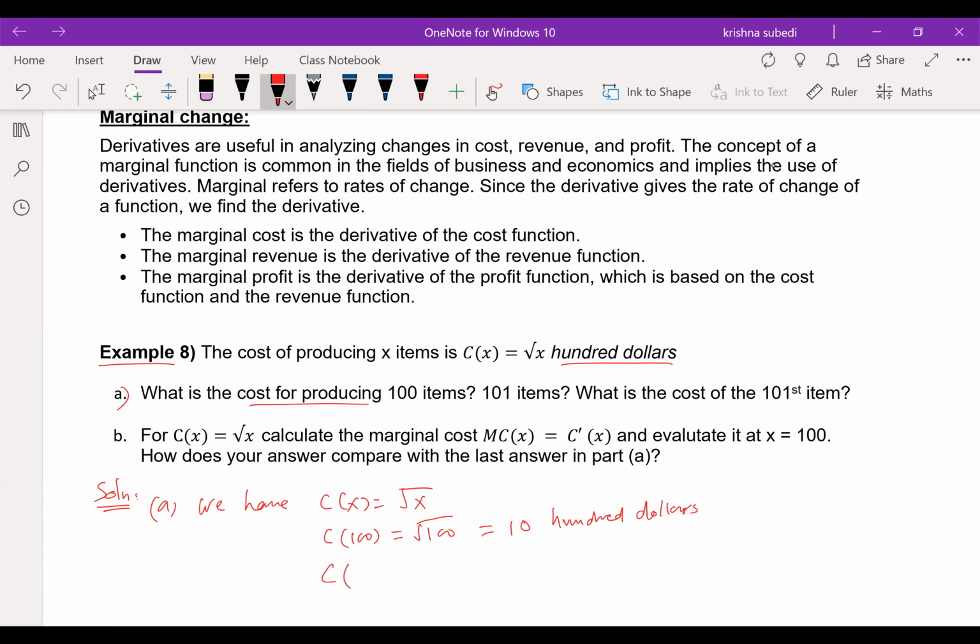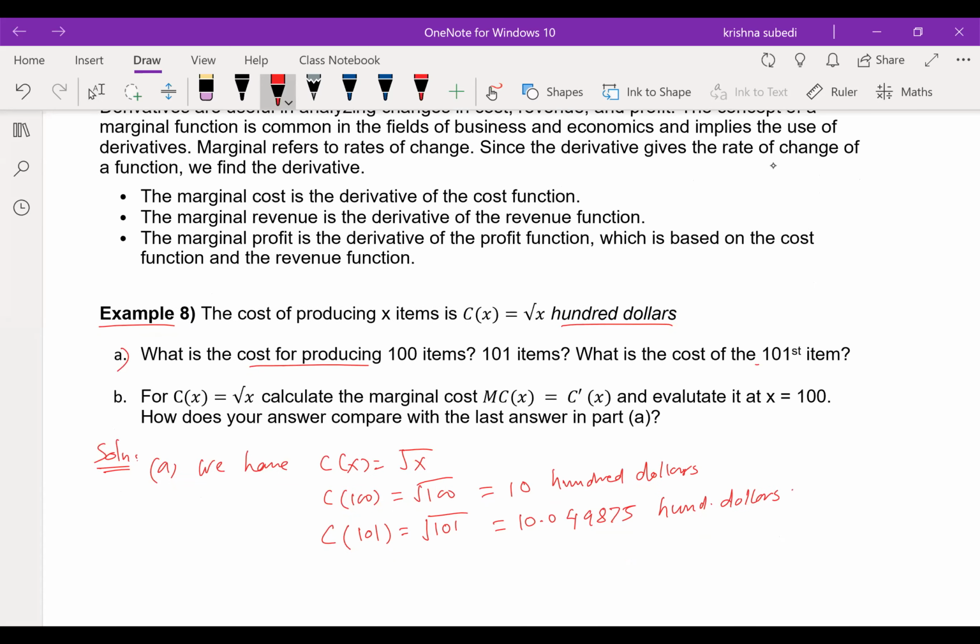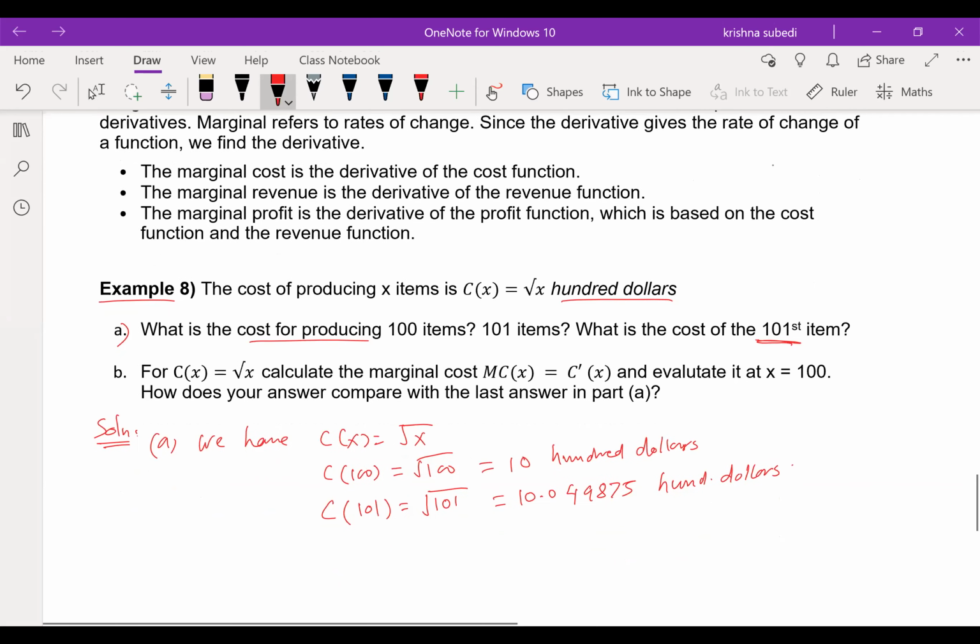And C of 101 equals square root 101, which gives us approximately 10.049875, in $100. And now what is the cost of the 101st item? So basically we subtract that, okay?